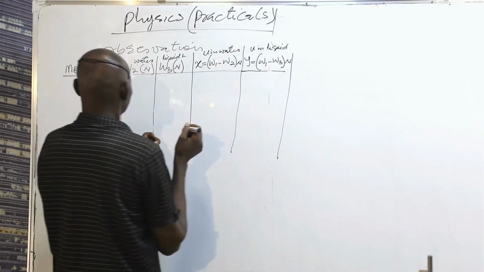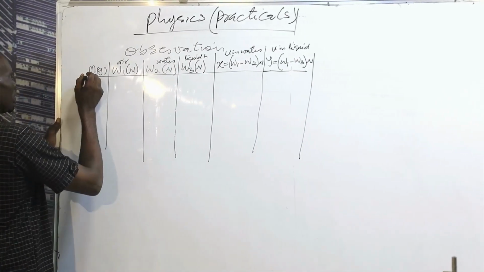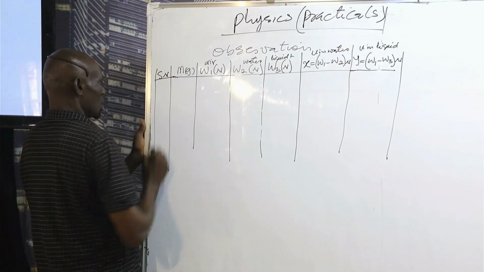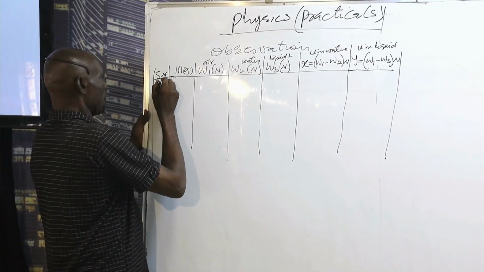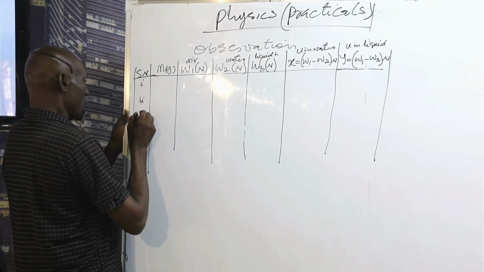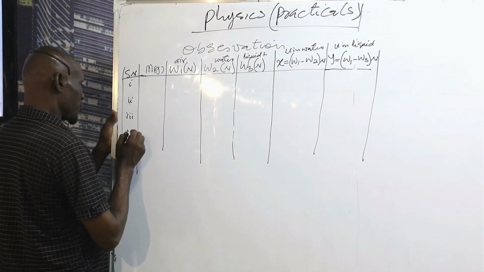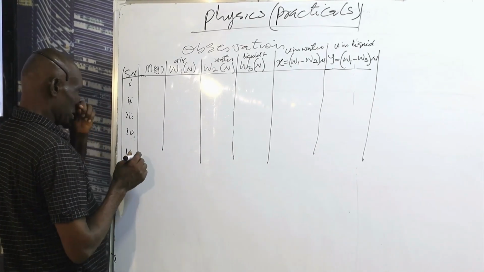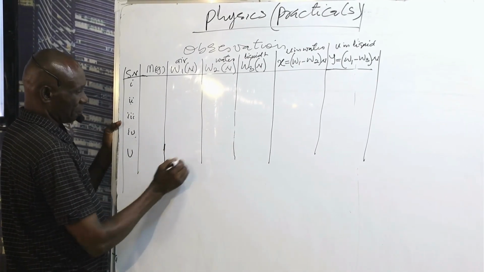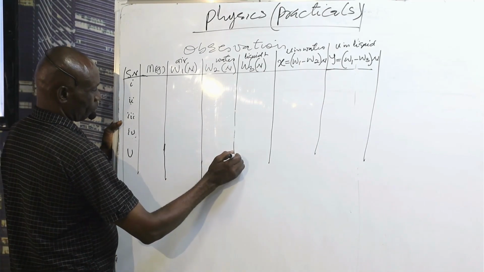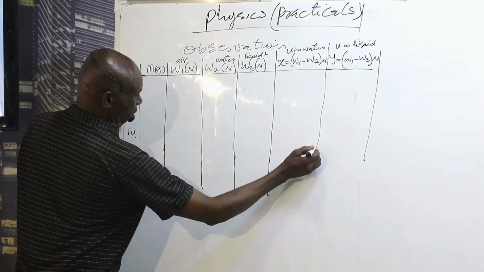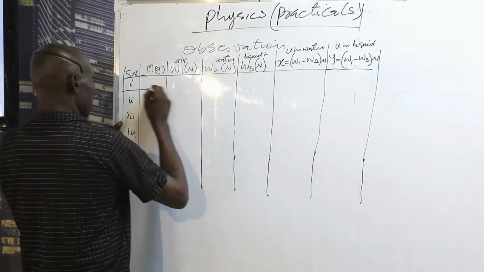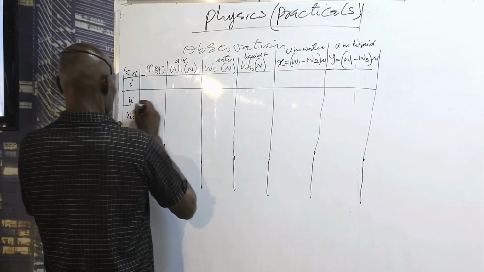Upthrust in liquid. So for us to complete this table, we have a serial number. This serial number IV, and the V. We can place 5 masses. We can place more than 5 masses. We can place 4 masses just to obtain the complete table.